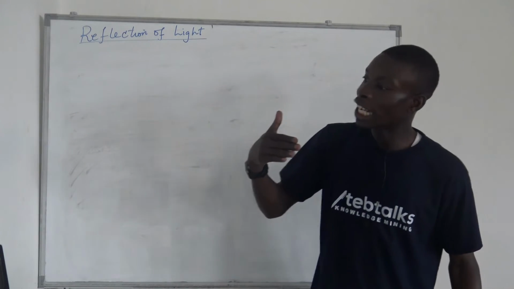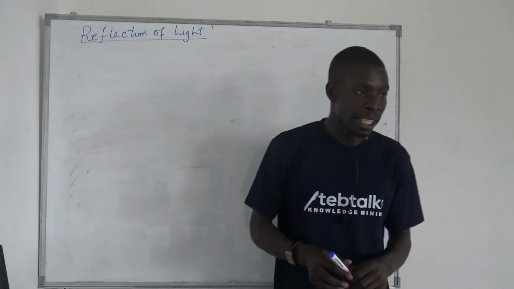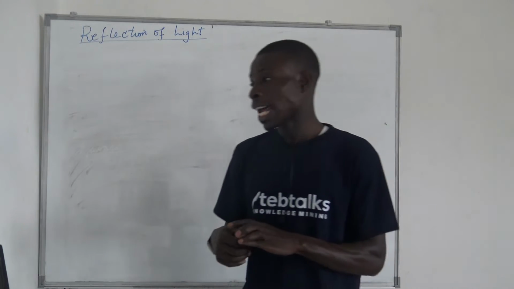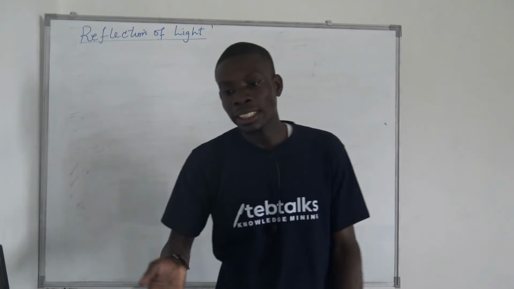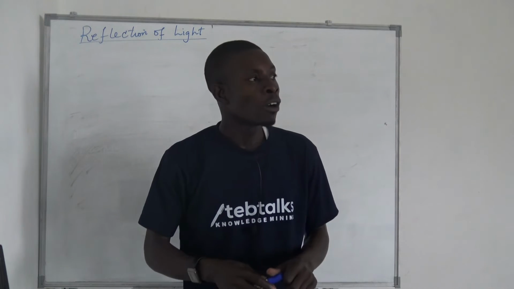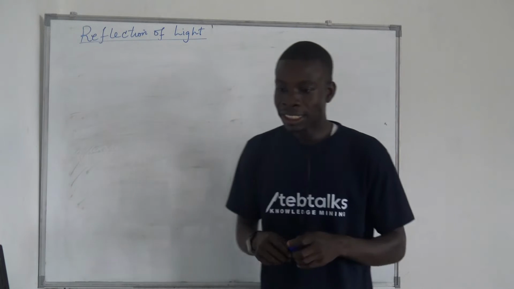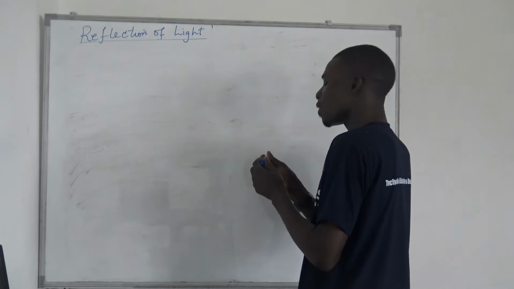It can reflect in the same path or in a different direction depending on the angle of incidence of the light. So reflection of light is the bouncing back of light after meeting a shiny surface. And then let's look at the laws of reflection of light.